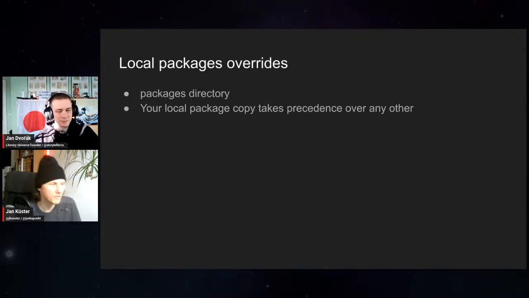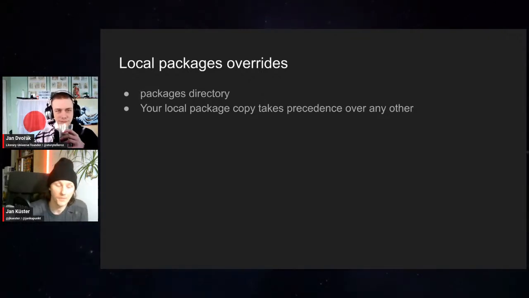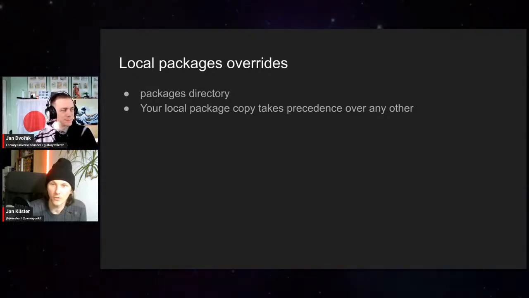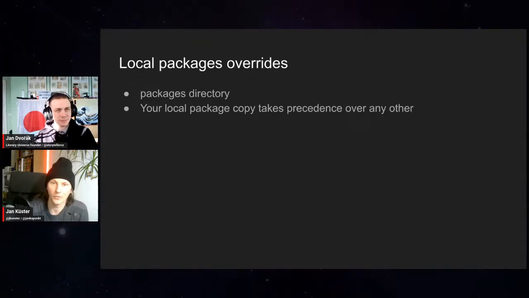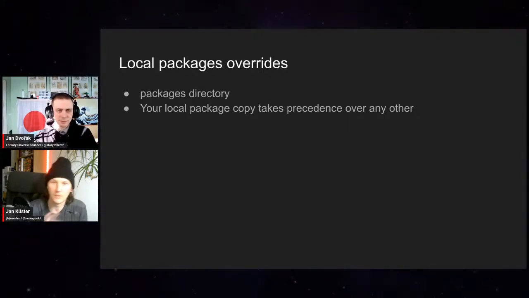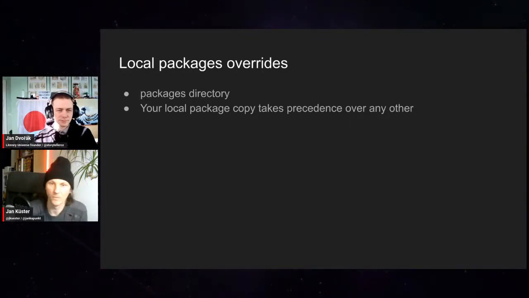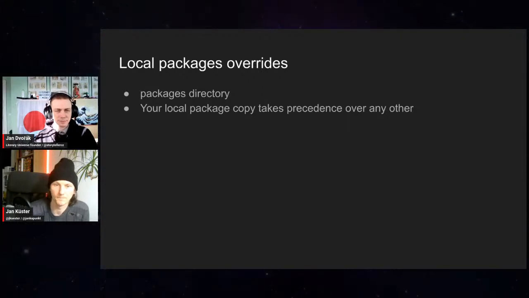You can also verify that: if you have a package cloned or copied into this packages directory and you change the version number, for example, let's say it's 3.0.0 and you change it to 3.0.1, then Meteor should automatically detect this change, rerun, and show you in the console output that the package was upgraded from that to the higher version.